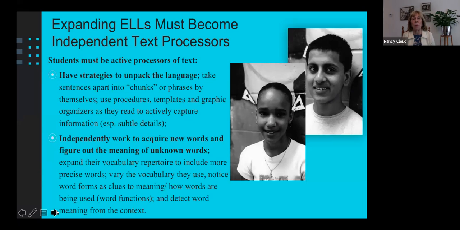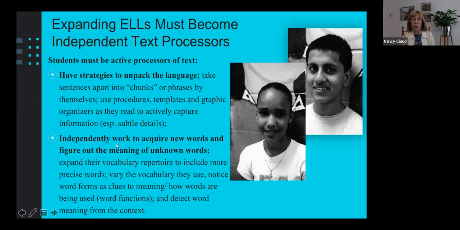Our goal has to be for them to be independent text processors, and we need to let them in on the secret. Hey, I'm not always going to be with you, and you need to have strategies all by yourself. When you're alone and you're faced with complex text, I want you to feel confident, and I want you to say to yourself, okay, I have strategies, let me try my strategies.